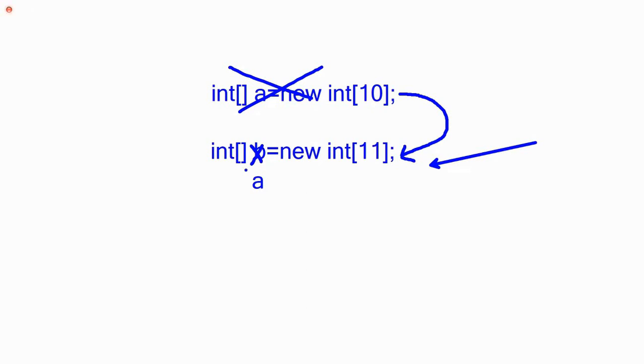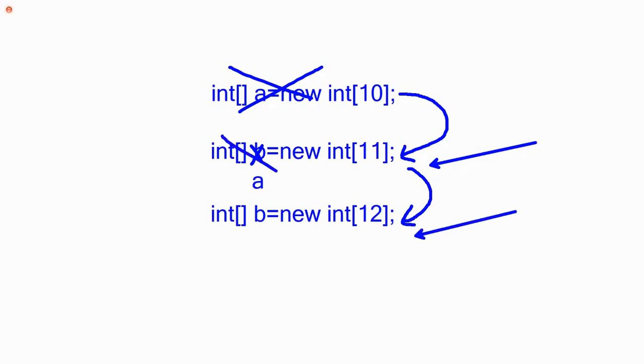Okay, the 12th element comes. What will they do? Another array, with 12 elements. This 11 elements they'll copy here, the 12th element they'll add, this array they'll delete, and this array they'll rename as A. So this logic is already written.